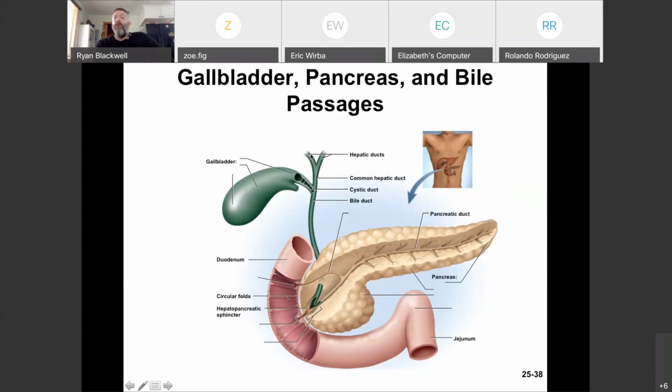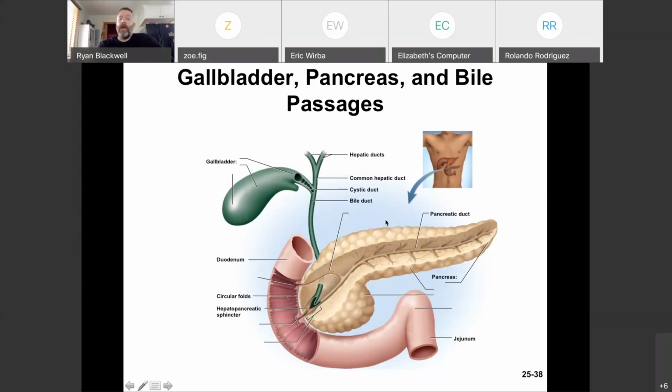The two hepatic ducts, right and left, converge, forming the common hepatic duct. The common hepatic duct and the cystic duct converge, forming the bile duct. This is sometimes called the common bile duct. The bile duct converges with the pancreatic duct, which is carrying digestive enzymes from the pancreas into the small intestine, and they both converge and open into the small intestine.